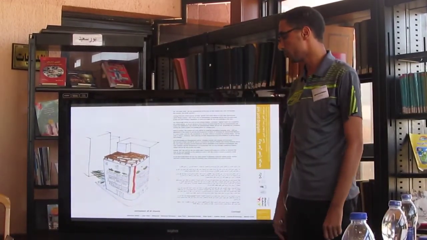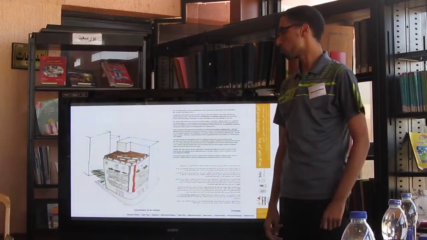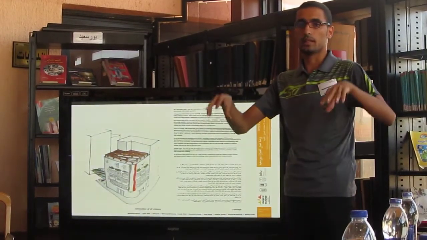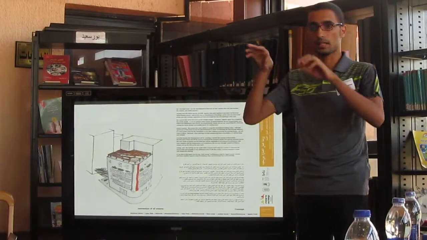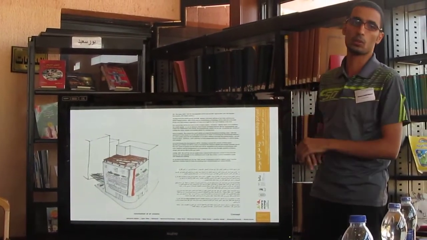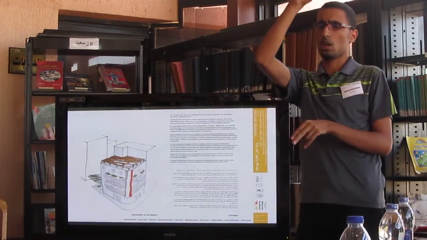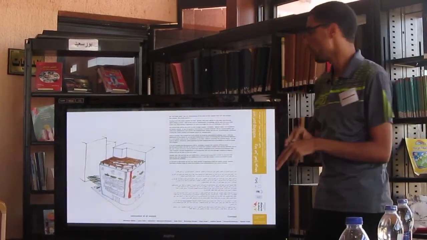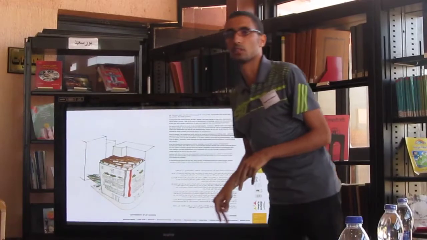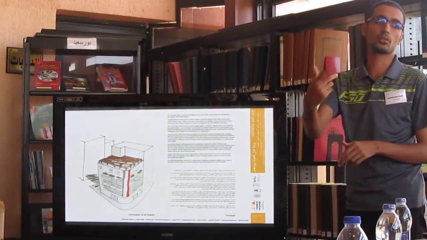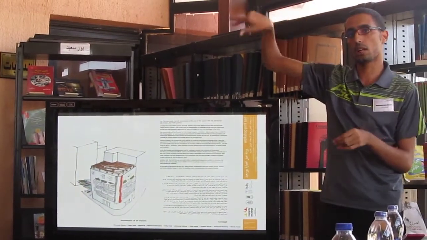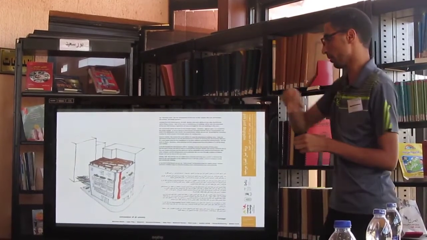Also, we just wanted to be local and get inspiration from the culture which is here. So we thought about Islamic patterns with a horizontal and vertical grid, covered all over the building. It may produce nice shadows when the sun goes around the building.